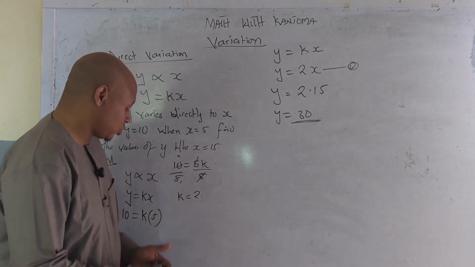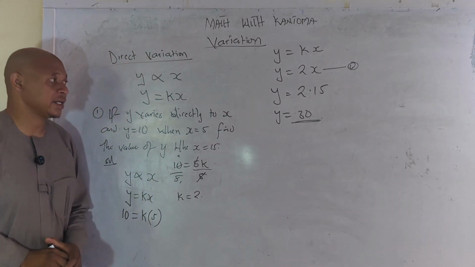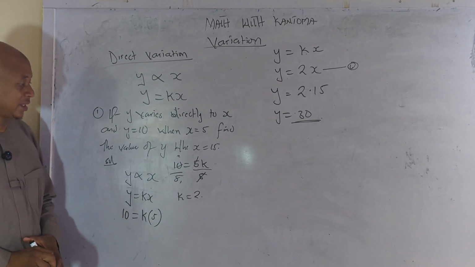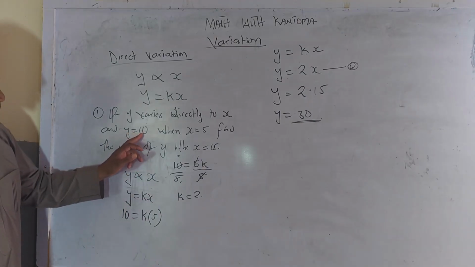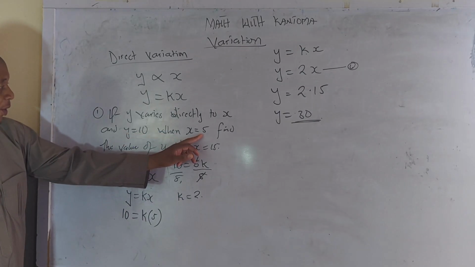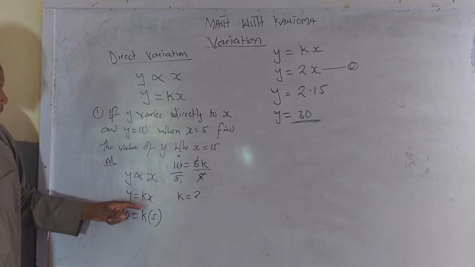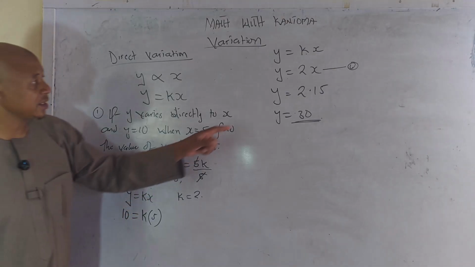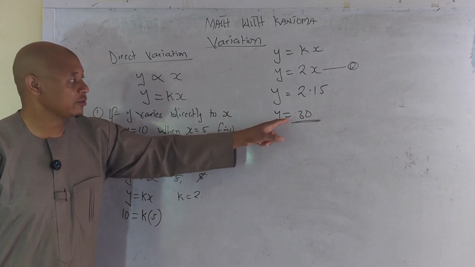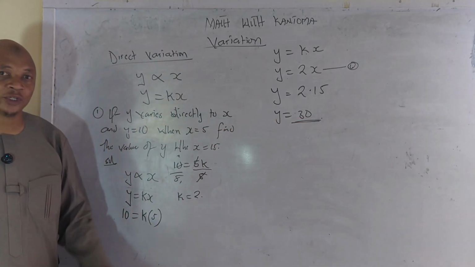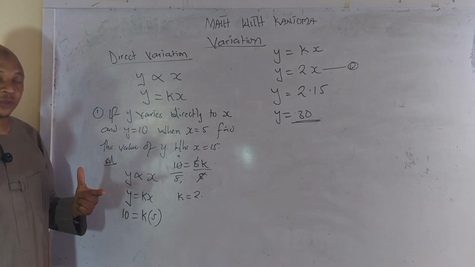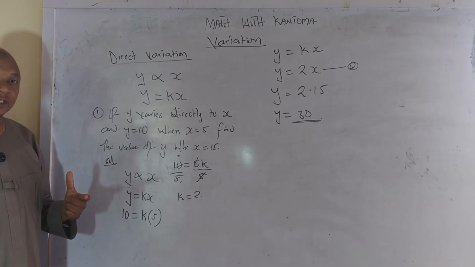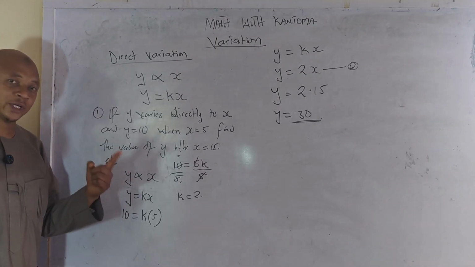Now if you look at these two values, is one increasing when the other is increasing? In the first scenario, the value of y is 10 and x is 5. When x increases to 15, the corresponding value of y is now equal to 30. So definitely they have a mutual relationship, meaning the corresponding value of y is increasing as the value of x is also increasing.